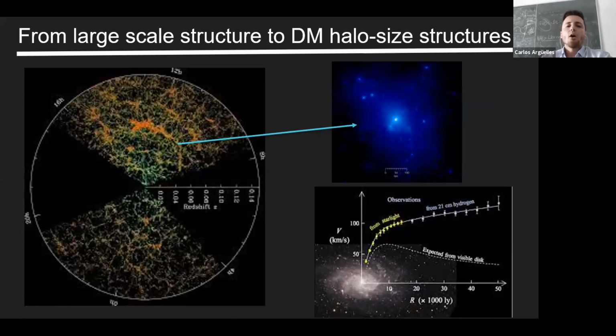Okay, so now, as will be the main topic of this talk, let's move from large-scale structure to dark matter halo-sized structures. This is a picture on the left from the Sloan Digital Sky Survey of some years ago, where you can see that in the local universe, the distribution of dark matter is not homogeneous, but is in the form of a cosmic web with these beautiful filaments, nodes, and voids.